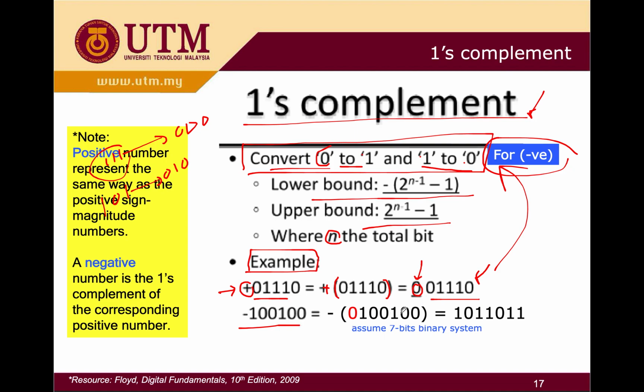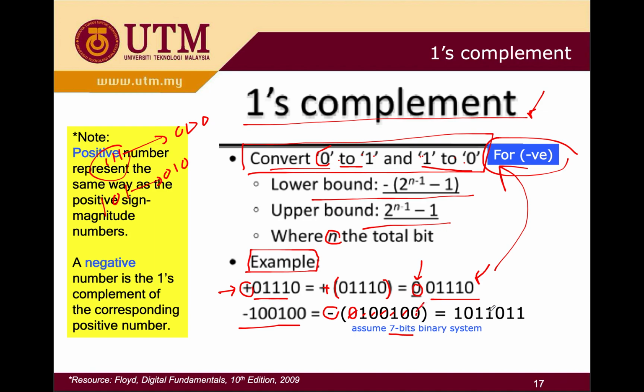Let's say assume that you have this number and it is 7 bits, 1 2 3 4 5 6 7, and it is a negative number, so you need to change it all, 0 to 1, 1 to 0.